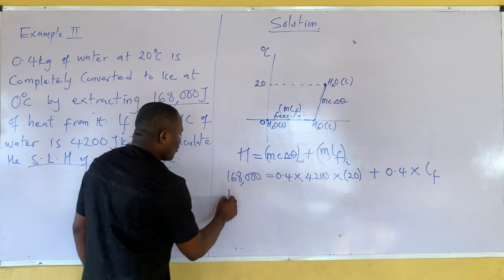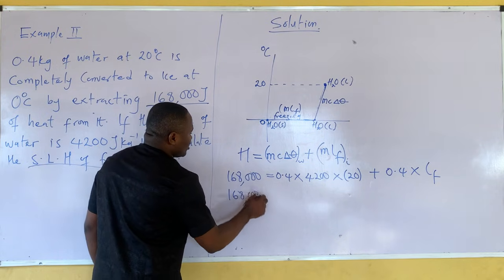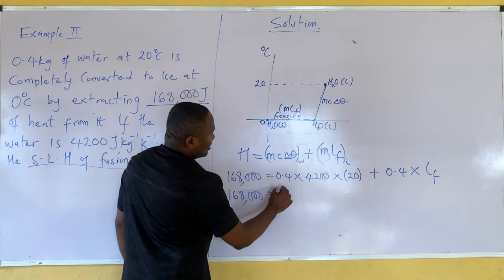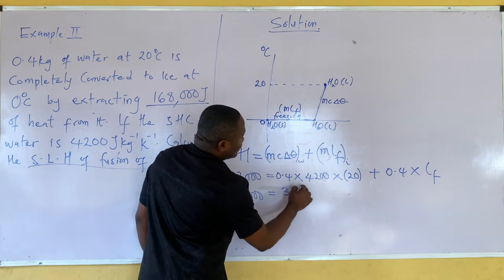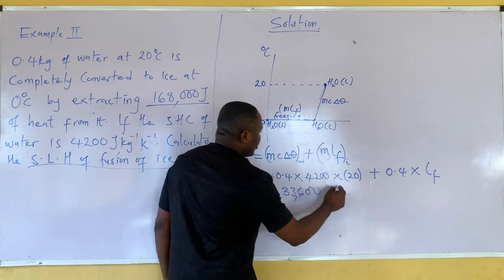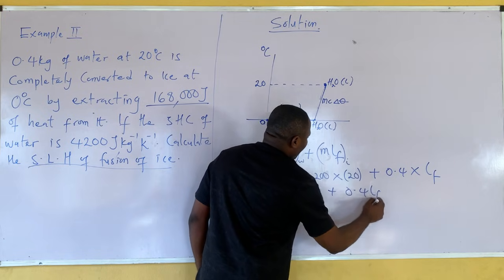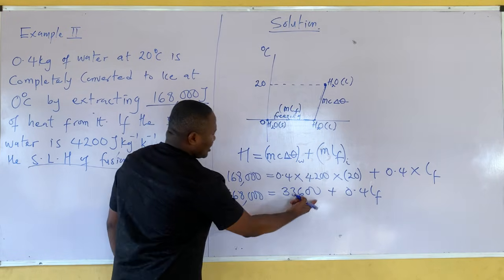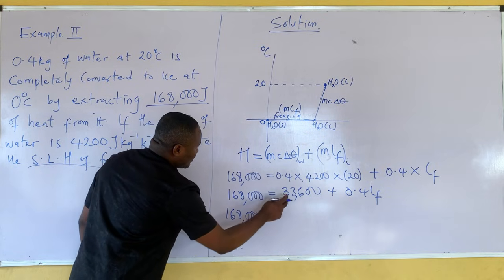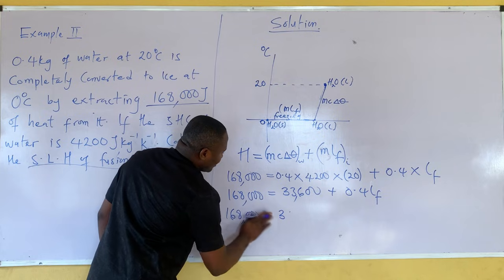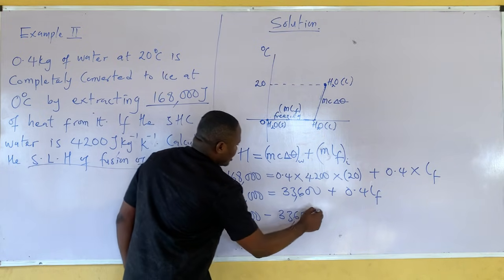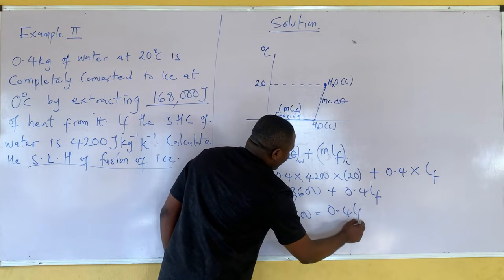So now I have 168,000 is equal to, if you multiply everything here, you have 33,600 plus 0.4 L_f. Now take this away: I have 168,000 minus 33,600 is equal to 0.4 L_f.